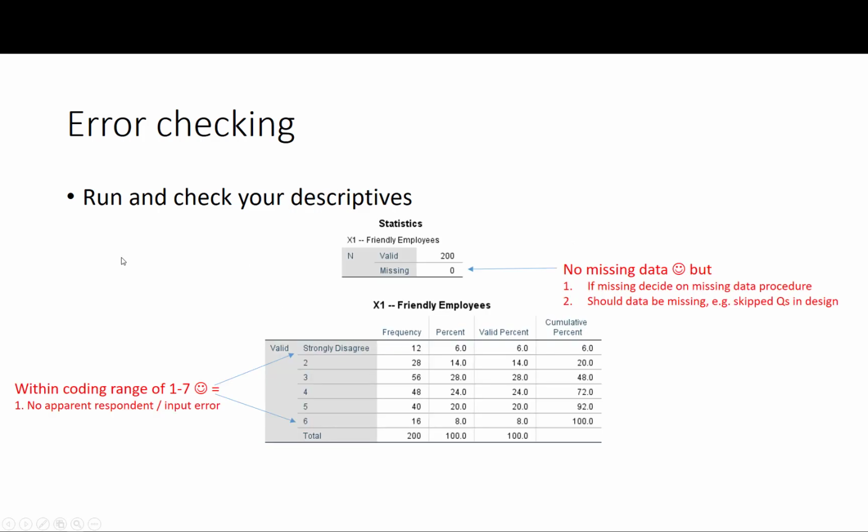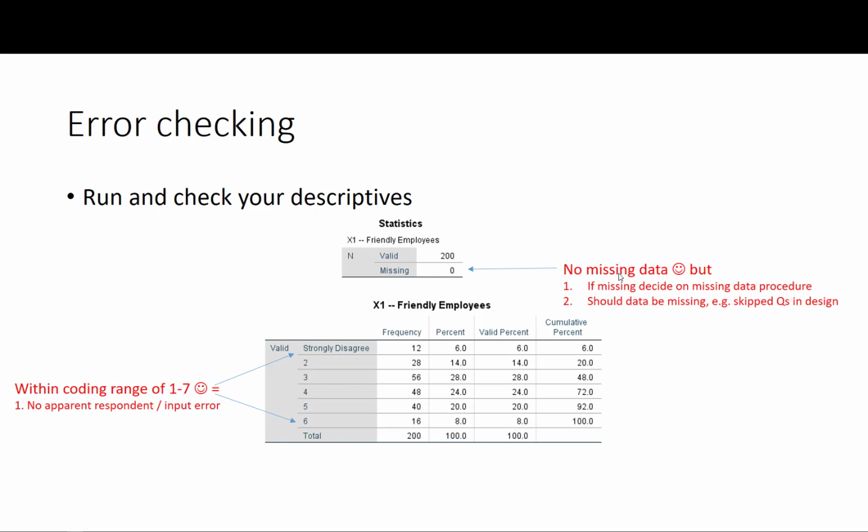So, error checking. The first thing to look for is whether there's missing data. Missing data means that the respondent either didn't respond to this question or the data inputter missed inputting an answer for this question.